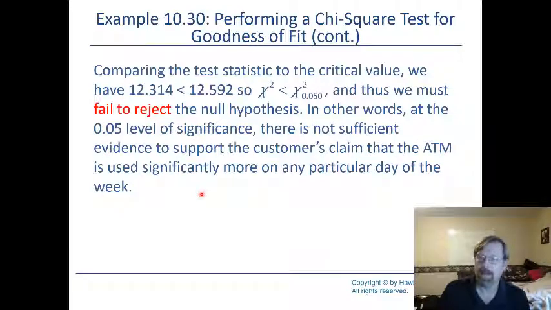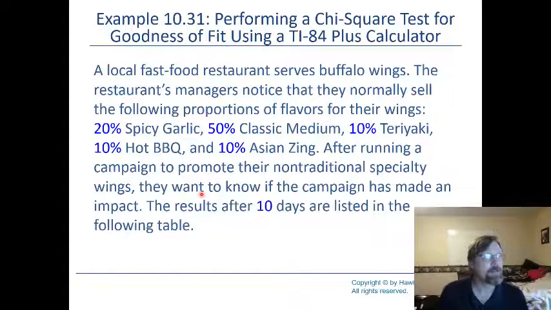Okay, so we can do this also in the TI-84 plus. So we've got an example with the fast food restaurant serving buffalo wings. The managers noticed that these are the trends they usually see for flavors. Looks like classic medium is their most popular.